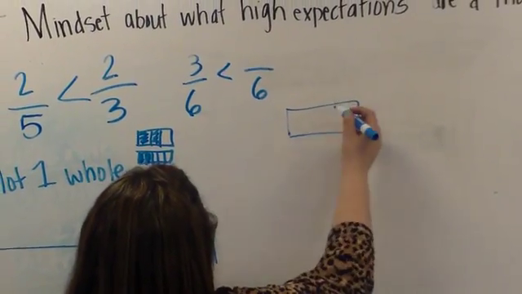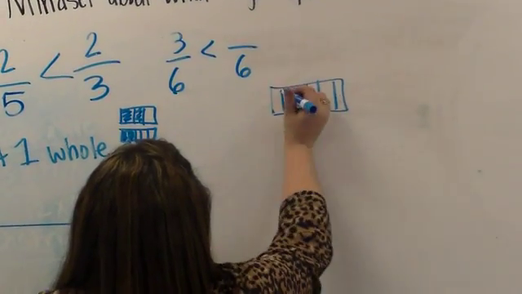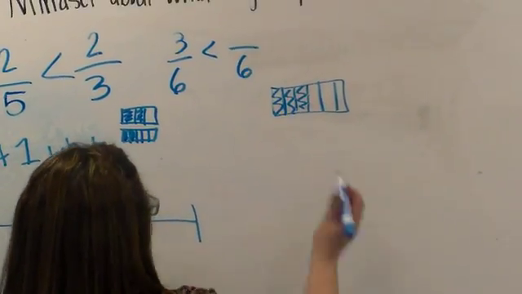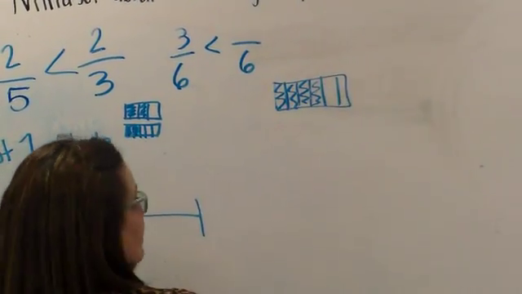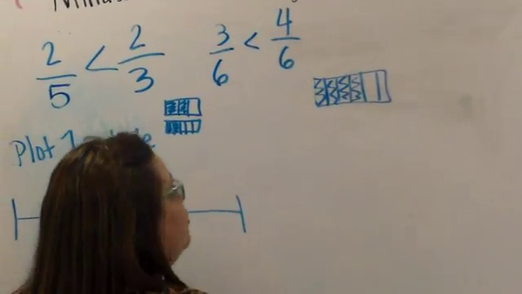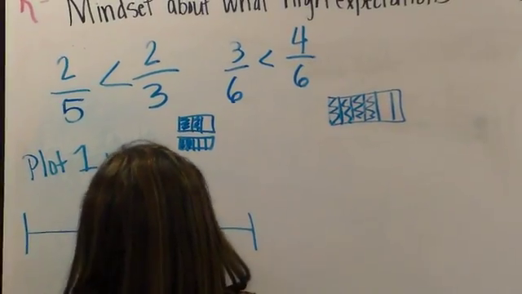So if I have something that's split into 6 equal pieces and I have 3 of them shaded in, well, I can just shade in 1 more, and that makes the fraction larger. So I could say 3/6 is less than 4/6 or 5/6 or even 6/6.